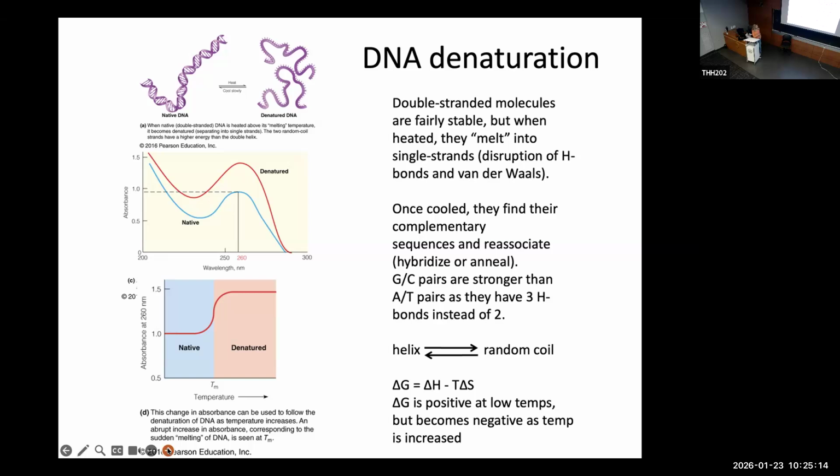So if we look at absorbance at 260 nanometers, and we have a certain absorbance based on how much DNA is there, what's interesting is that if you increase the temperature of that sample, at a certain point, the absorbance will increase when it becomes denatured. What is it about a denatured structure that absorbs more light than a native structure, even though you're not changing the concentration? What do you think?